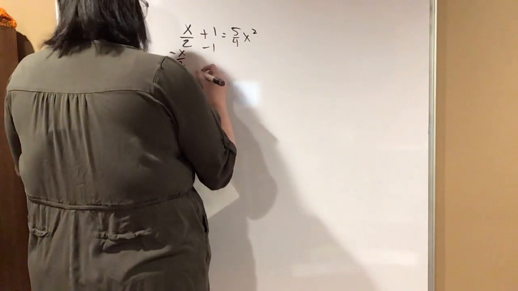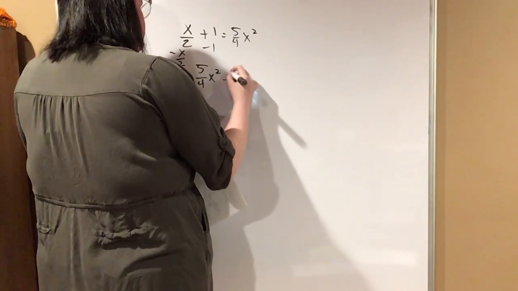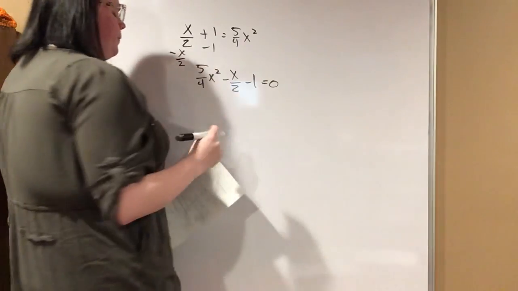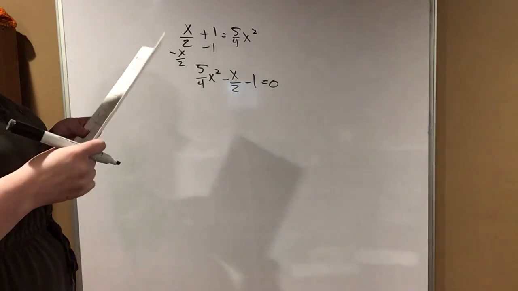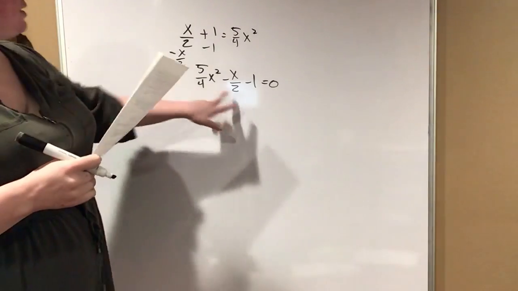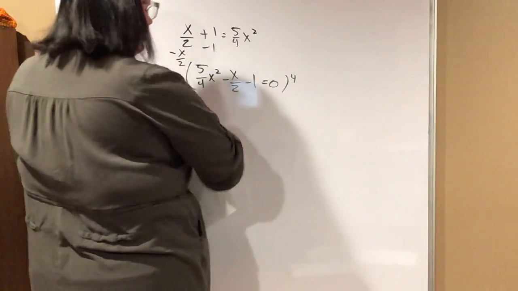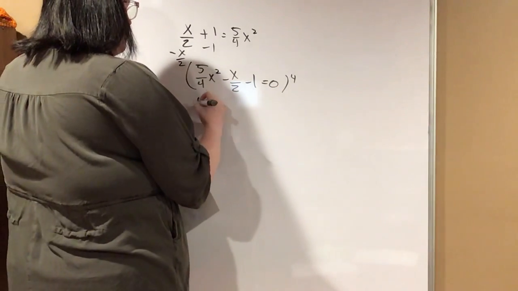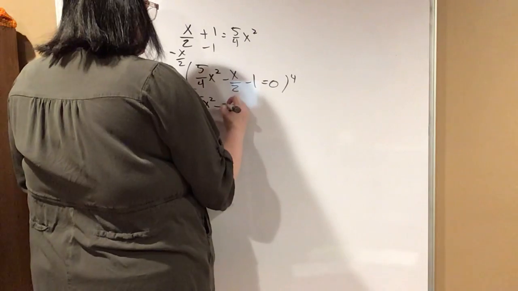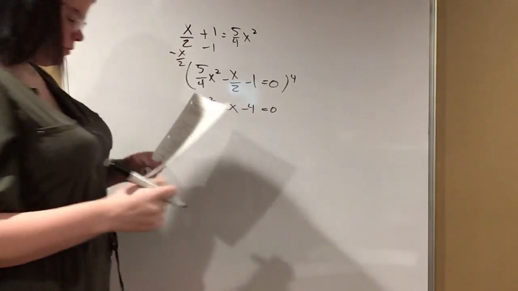So now changing this, I have 5 over 4x squared minus x over 2 minus 1 equals 0. So I want to get rid of those fractions though, right? Nobody wants those. So looking at this, I see my common denominator is 4. So multiply everything by 4. So I'm left with 5x squared minus 2x minus 4 equals 0.